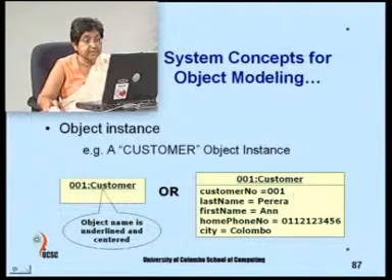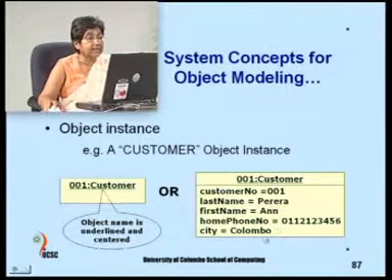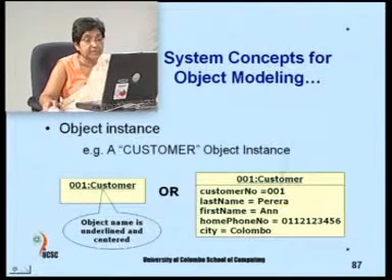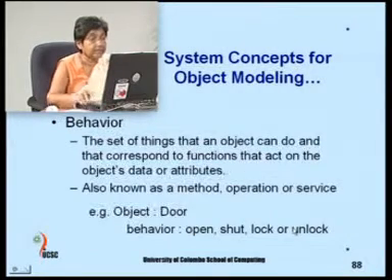Customer number is 001, last name is Pereira, first name is Anne, home phone number is this, and the city is Colombo. So, this is the way you will show an object instance. The name of the object is the customer and one instance of it is shown by these various attributes that describe that particular customer. 001 is that customer's number, name is Anne Pereira, and so on.